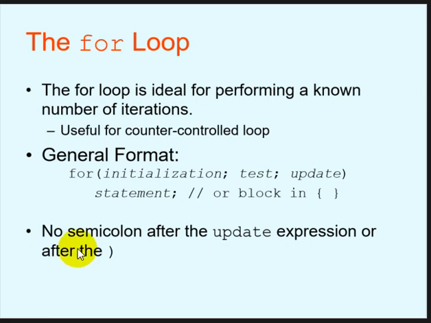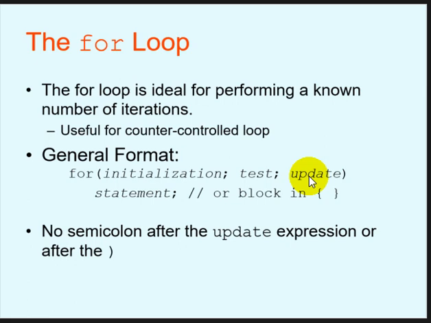So the general format or syntax is like that. You need to write for, then round brackets, and you will do the initialization, semicolon, test, semicolon, update. The basic difference is that every loop has three things: initialization, test, and update.